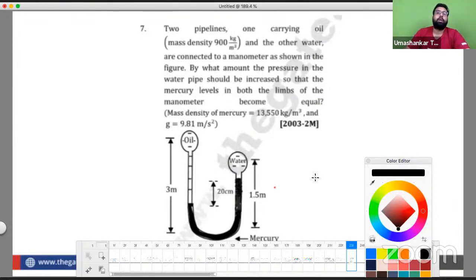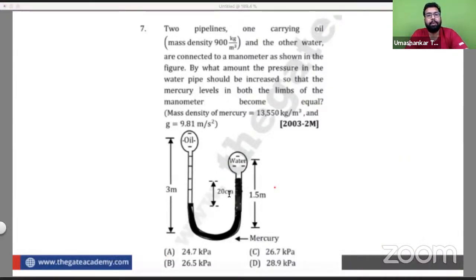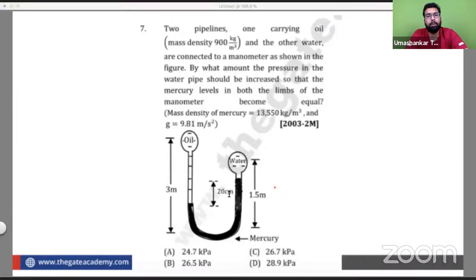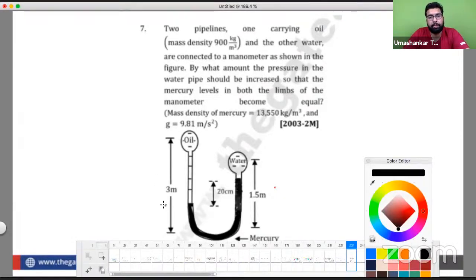Please solve this question. Now this is the figure, the correct figure. Please go ahead. And also, this is 3 meter. This much is 3 meter. Please go ahead now.